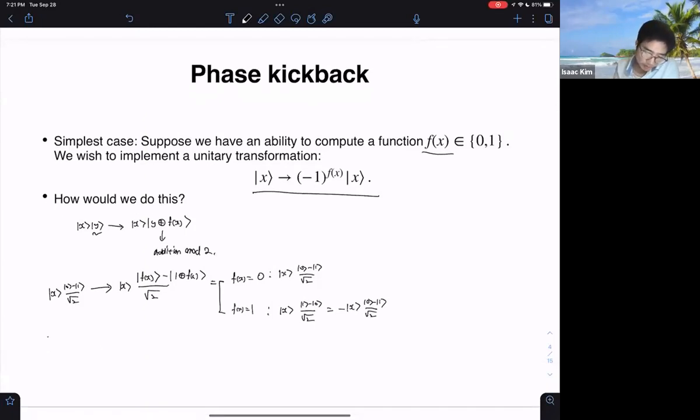So if you begin with a superposition state like this, and apply this transformation, then you get this state.